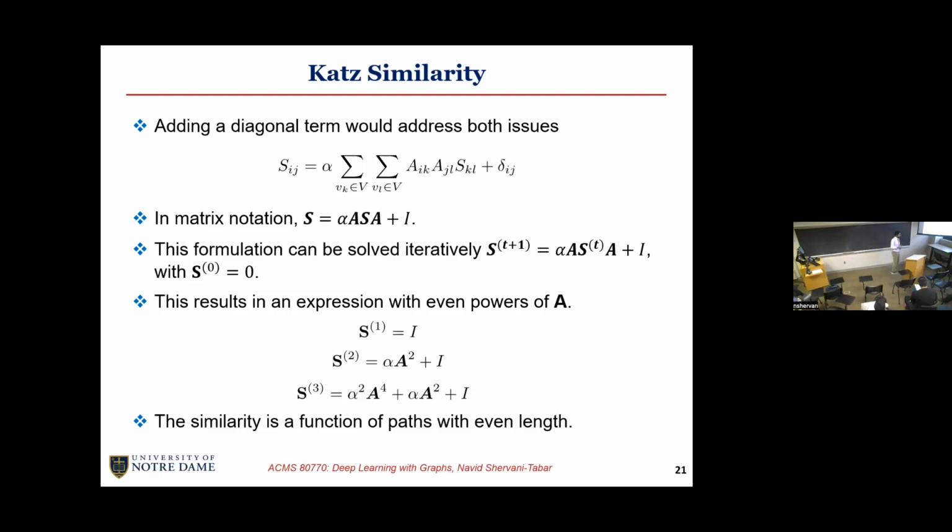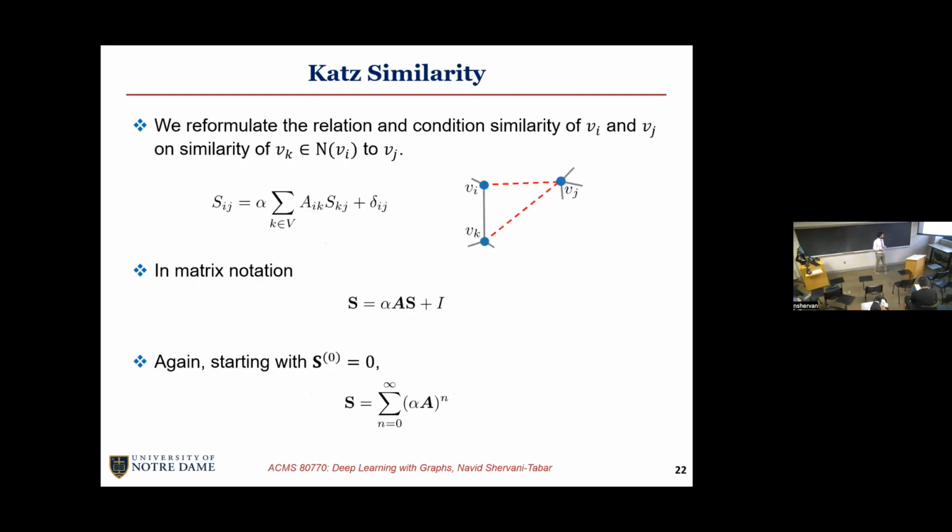And we need to reformulate our original idea based off of that. So here is how we reformulate our problem. At first, we said that we have a node Vi that has a neighbor Vk. If that is similar to node Vj's neighbor Vl, then those 2 nodes Vi and Vj are similar.